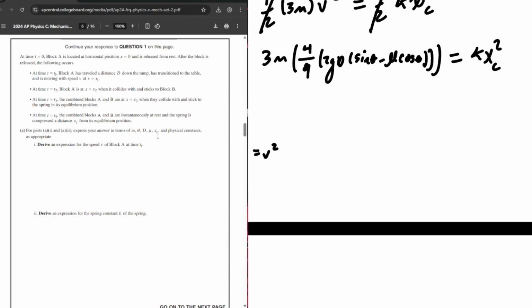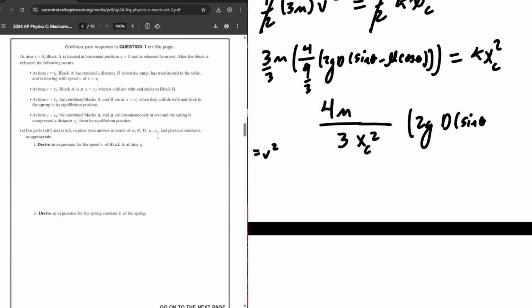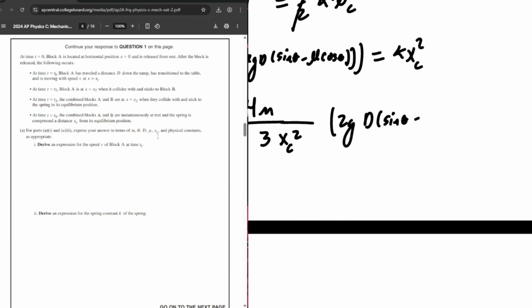So now we can just solve for k and simplify a little bit. So we're going to go 4m, and then I'm going to divide 3 on both of these, and that'll give me 4m over 3. And we're going to take this x squared and put it in the denominator of the other side so we can get k by itself. Times 2gd sine theta minus mu cos theta equals k.